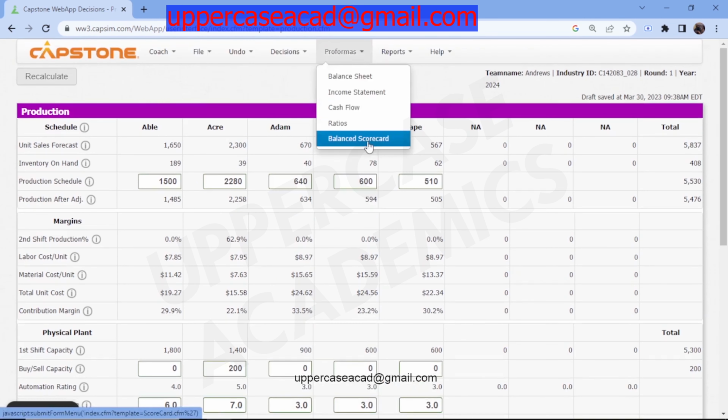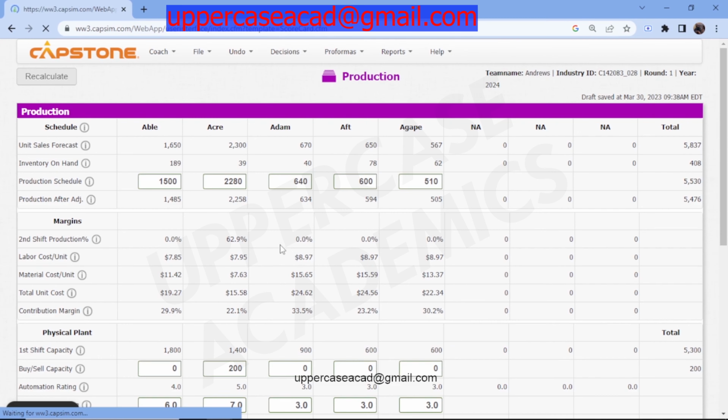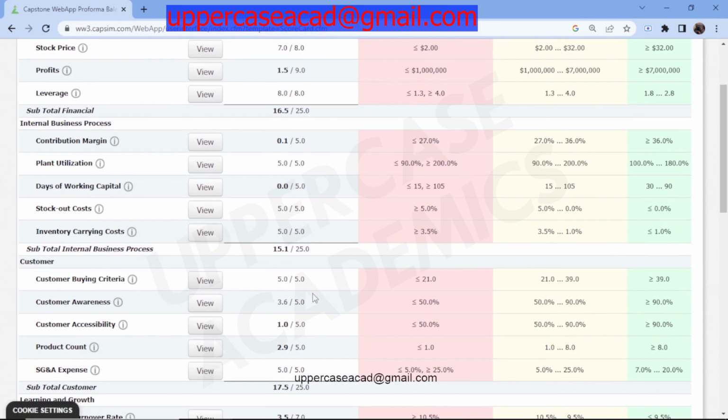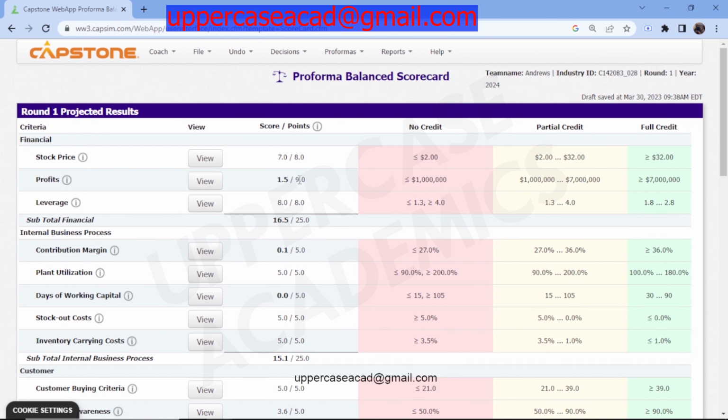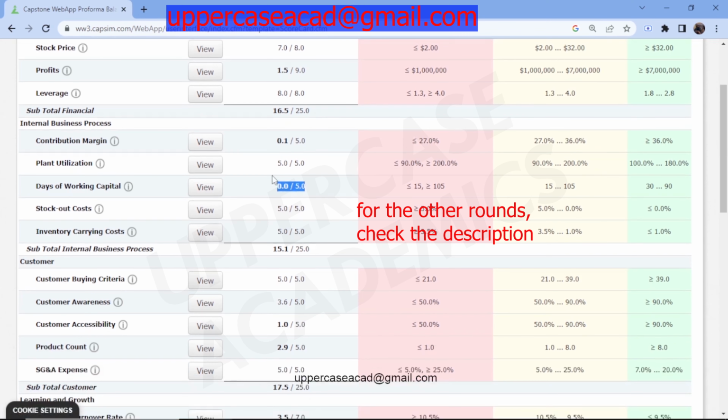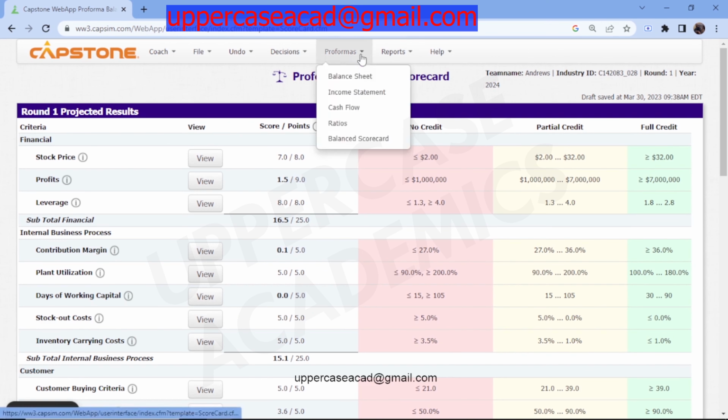So if I check my balance scorecard, I have a balance scorecard of 52.6. Here my stock price is 1.5 out of 9. So days of working capital and leverage. Before you make any decision in your finance, you have to look at your balance scorecard, then the ratios.